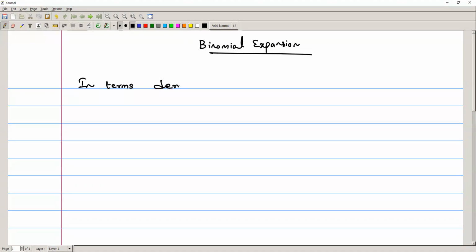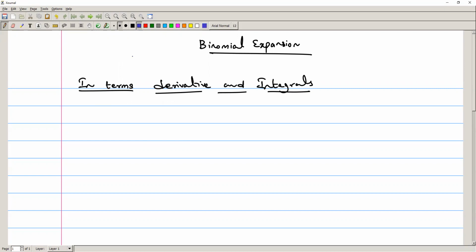So in terms of derivatives and integrals, we will see how we will represent the binomial form, the theorem, the formula, right?